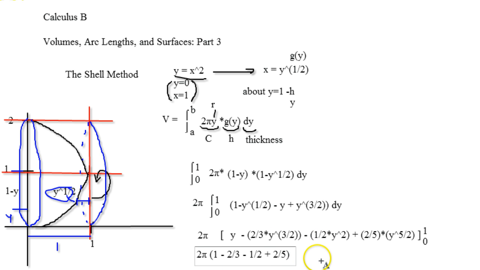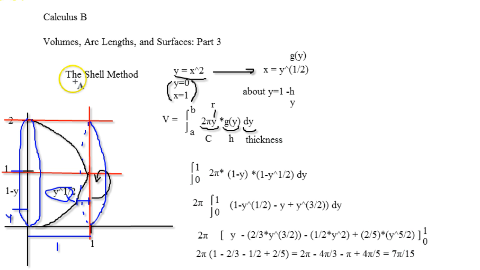So we're just going to leave it at this because we just plugged in 1. So this turns into 2 pi minus 4 pi thirds minus pi plus 4 pi fifths. Then I would get a common denominator of 15 and work this out. So this would turn into 7 pi 15ths. And the beautiful thing about this is that it is a very exact answer.